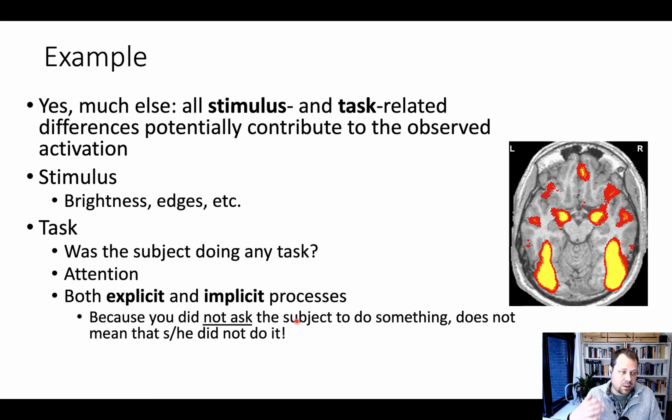So they can start thinking about what they're going to do after they're out of the scanner, what they're going to have for lunch, or how they're going to pass their next exam. So there are all sorts of processes going on that we're not controlling for with this control condition. In fact, we'll talk about this in another video when we discuss the default mode network.